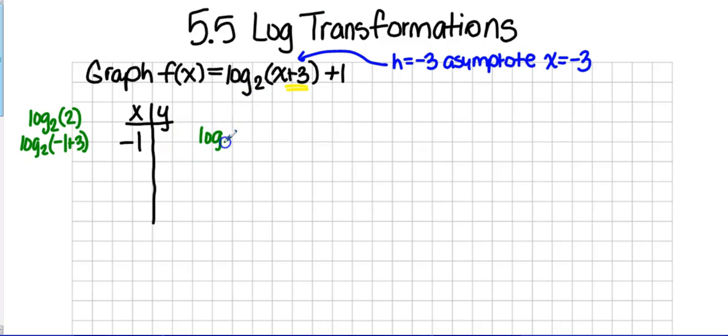So I'm going to have log base 2 of (-1 plus 3), plus 1, can't forget that, equals log base 2 of 2 plus 1, which is super nice for me because I know that this is 2 to the first. Log base 2 of 2 cancels, leaving behind the 1, plus 1 equals 2.